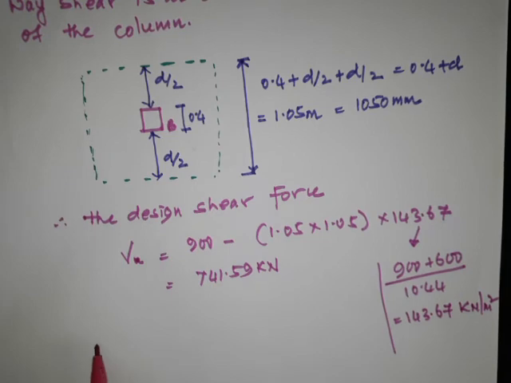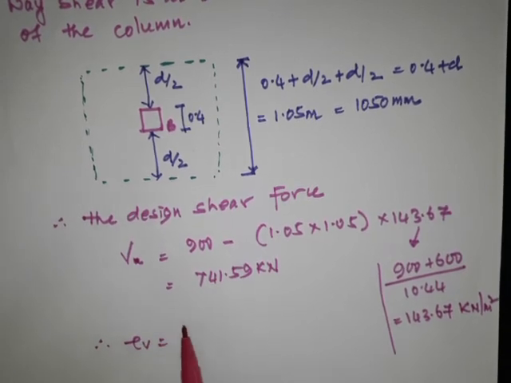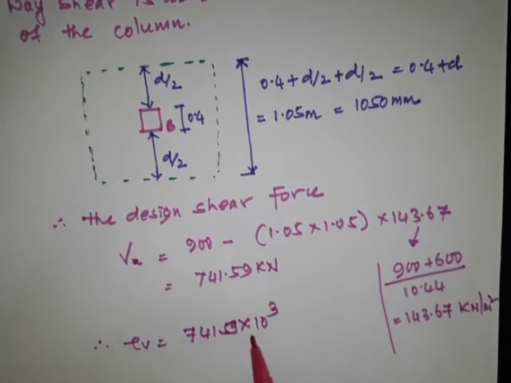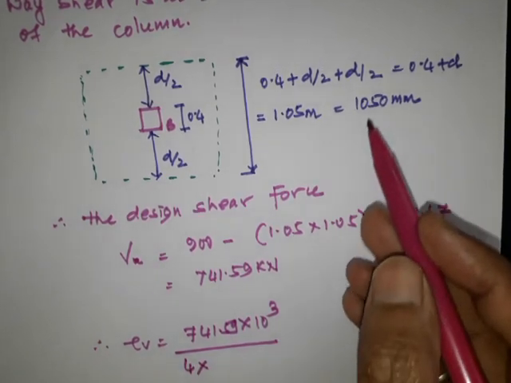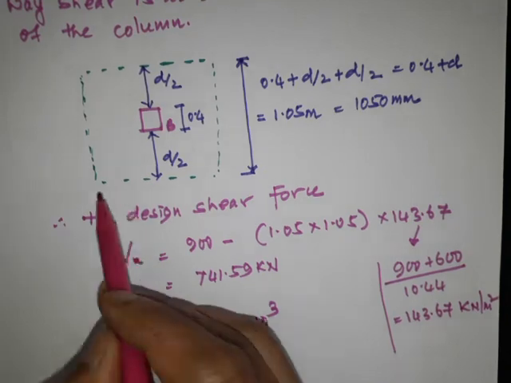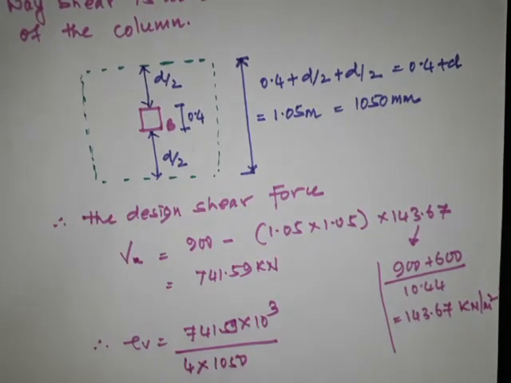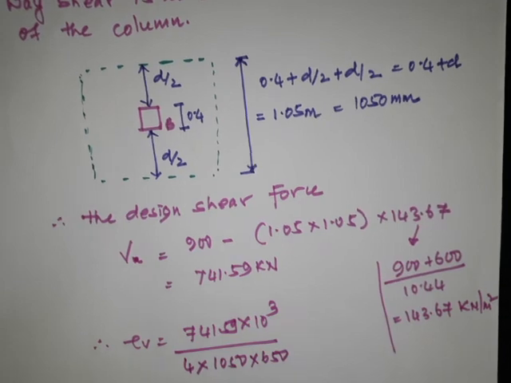Then therefore tau V is equal to this V, 741.59 into 10⁻³, divided by 4 times the perimeter 1050, because 1 2 3 4 times, into 650, that is the depth.